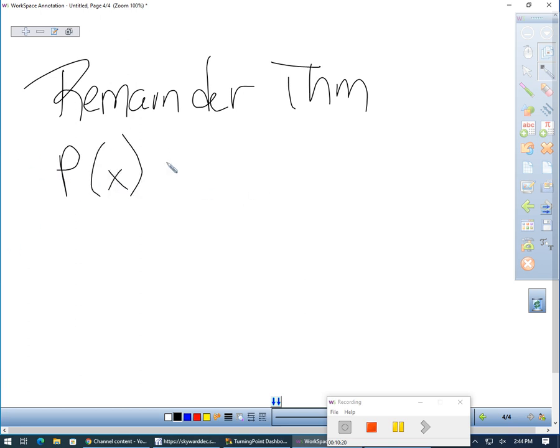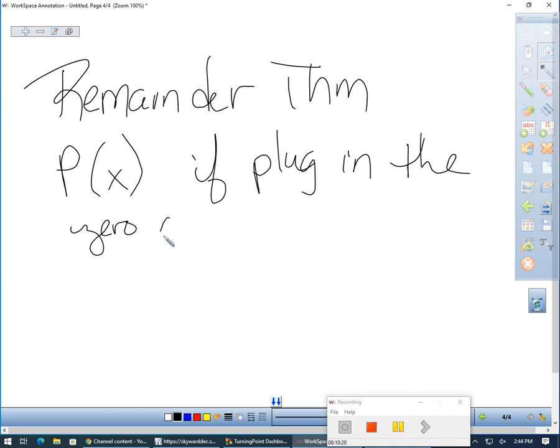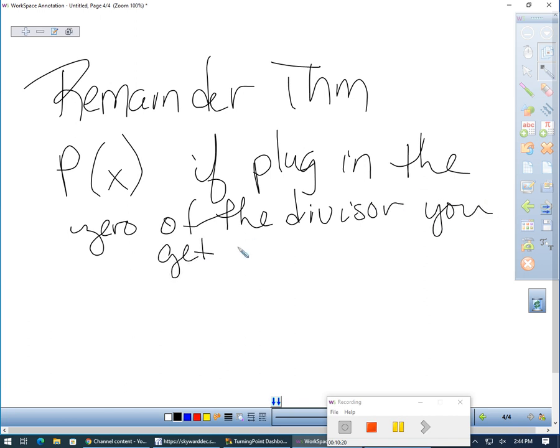And in that P of x, if we plug in the 0 of the divisor, you get the remainder.